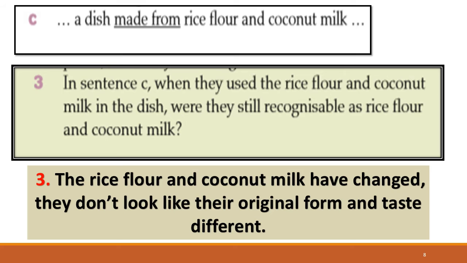Made of, when there is no change, the same, no change before the dish and after the dish, the shape is the same, the look is the same, the feeling is the same, not changing. What about made from? Before it has different color and now has another color. Before different taste, flavor, and now it has changed. So that's why I said made from, because it's changed. Okay.